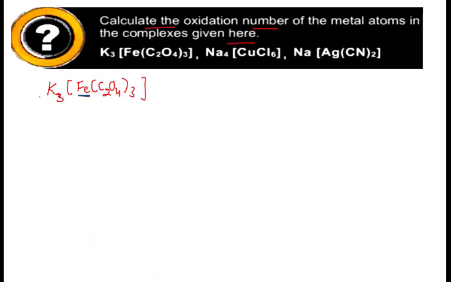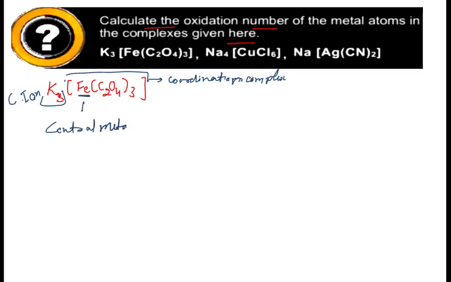But before that, this is a complete coordination compound. This one species is the counterion, and this, within the square bracket, is the coordination complex. Then Fe will be called the central metal atom or ion.